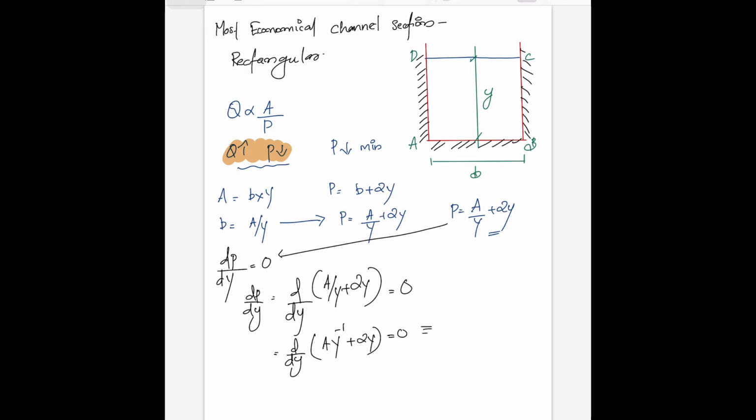This will be minus A by y square plus 2 equal to 0, or A is equal to 2y square. Let's take that condition, A equal to 2y square.